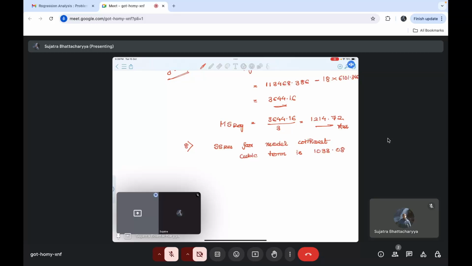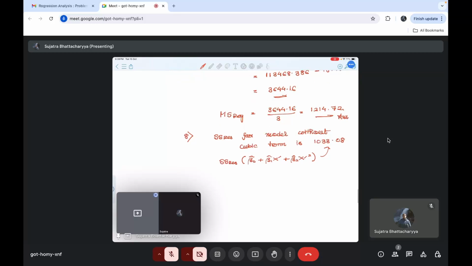This is already given. That means it is the SS residual for beta naught hat plus beta 1 hat x prime plus beta 2 hat x prime squared. That's all. This model's SS residual is given as 1033.08.